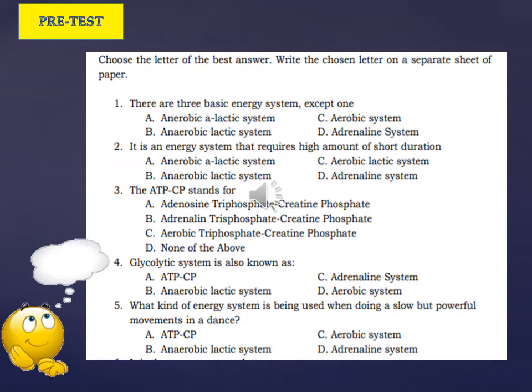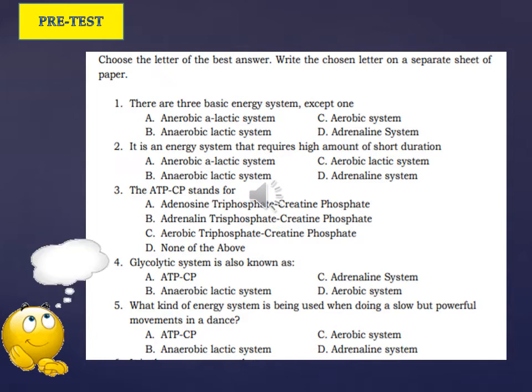There are 3 basic energy systems, except one. A. Anaerobic lactic system. B. Anaerobic lactic system. C. Aerobic system. And letter D. Adrenaline system. Number 2.